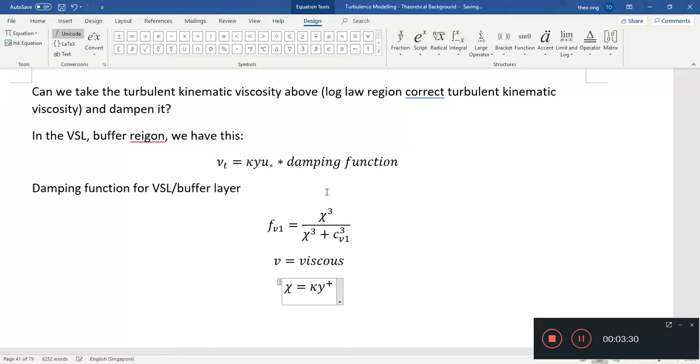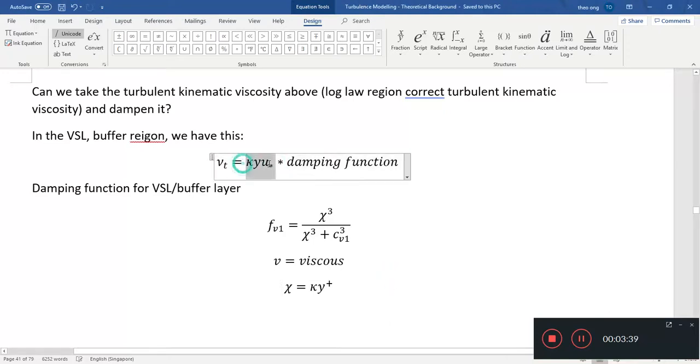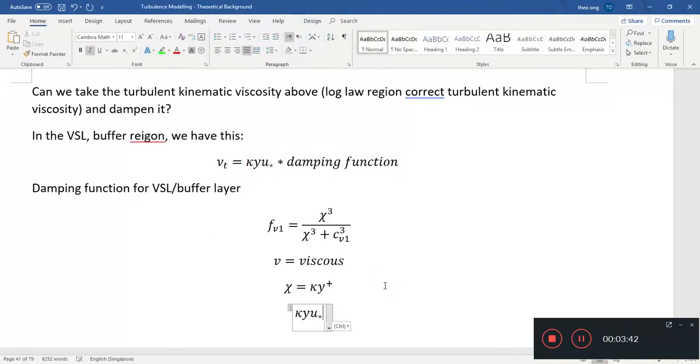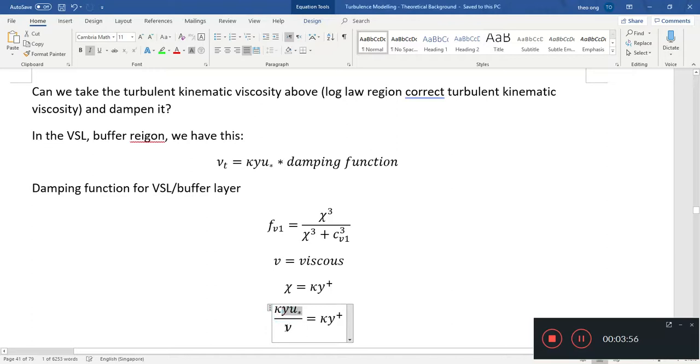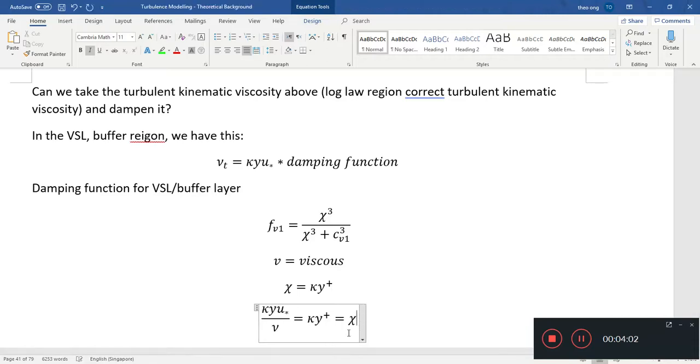If we look at this function in the log law region and divide it by nu, this term y u star over nu is actually y plus. So this equals chi.